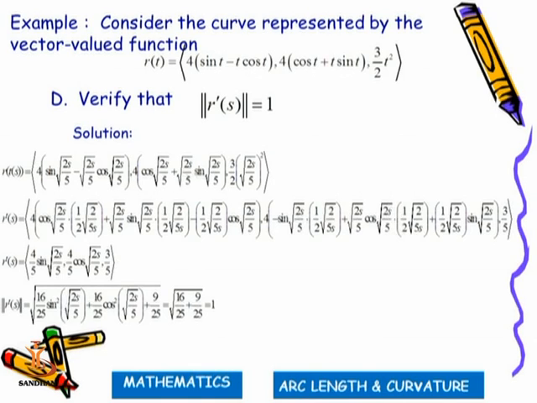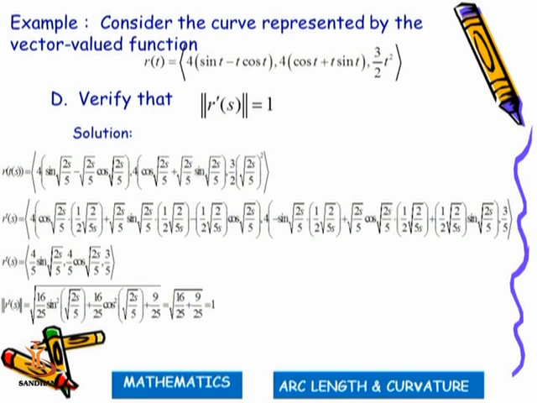Now find the r dash that you can see on the screen, and the norm of that is under root of the first term square plus second term square plus last term square. So the first term is here 4 by 5 sin under root of 2s by 5, comma 4 by 5 cos under root of 2s by 5, comma 3 by 5.